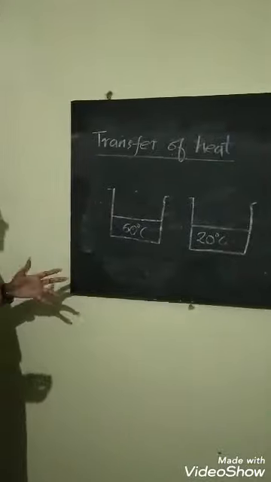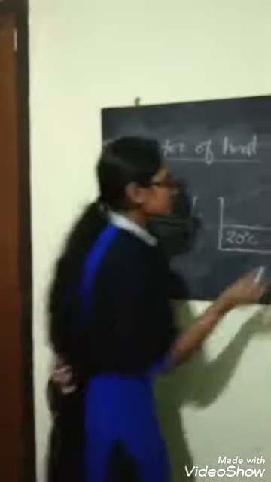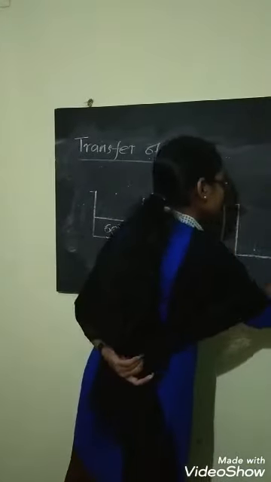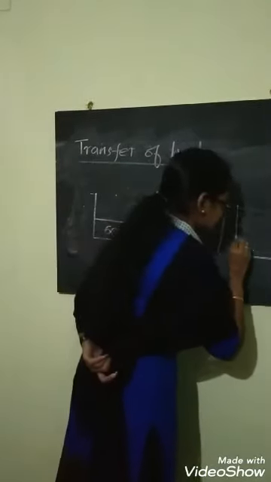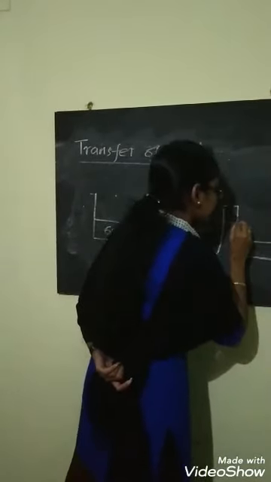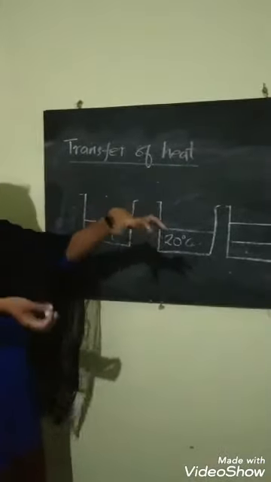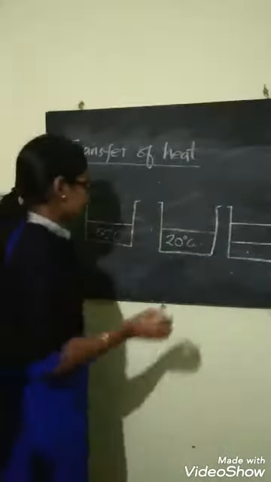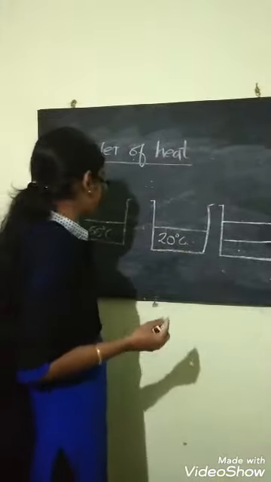Now I am going to mix this water in another beaker. I am taking another beaker and filling both of the liquids into it. Now I am simply drawing this here. It will be 60 somewhere and 20 like that. It will mix. How this mixing is happening, that I am going to explain.